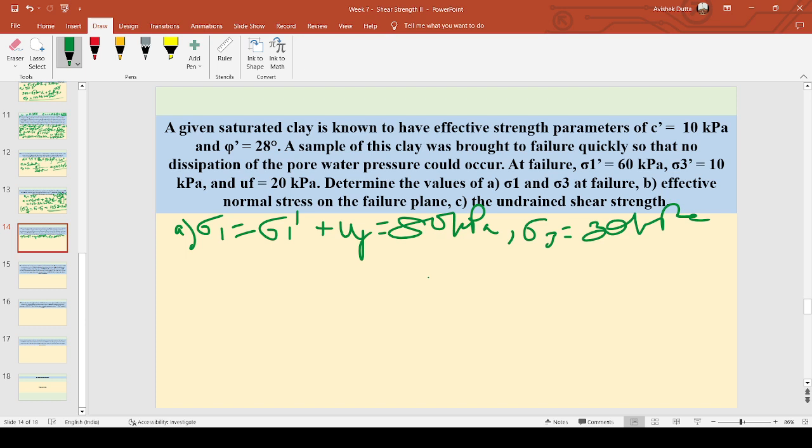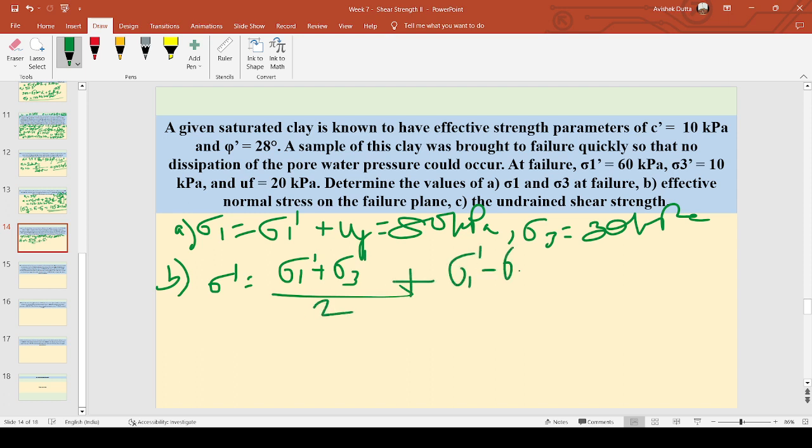For the effective normal stress on the failure plane, we use the effective stress parameters: sigma dash equals sigma 1 dash plus sigma 3 dash divided by 2, plus sigma 1 dash minus sigma 3 dash by 2 cos 2 alpha.